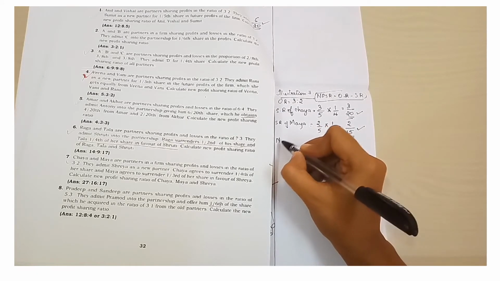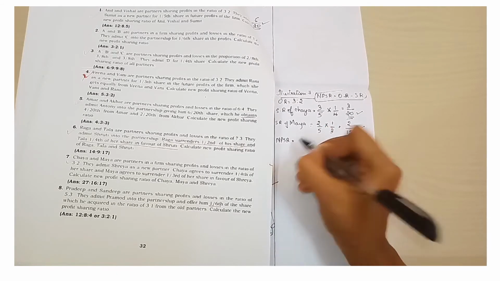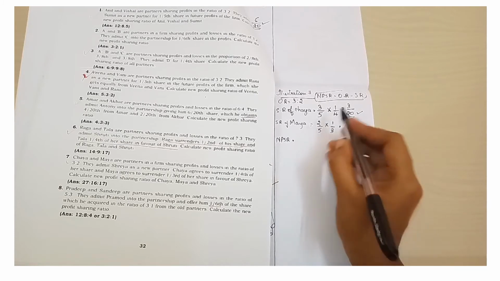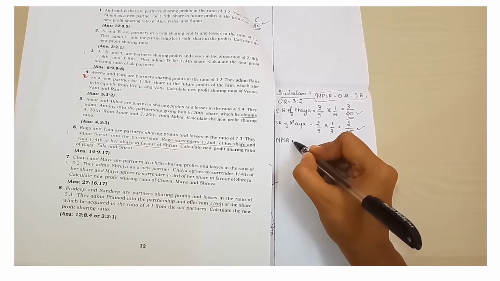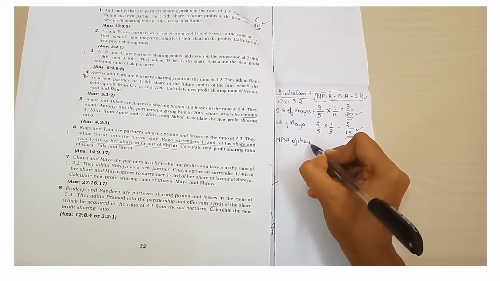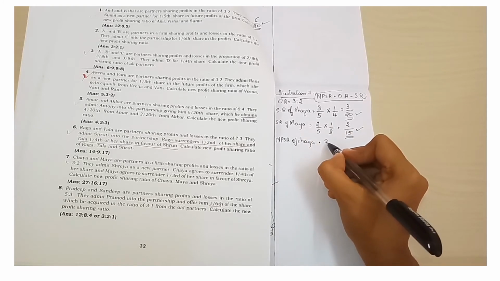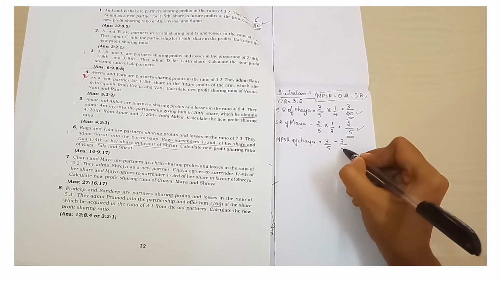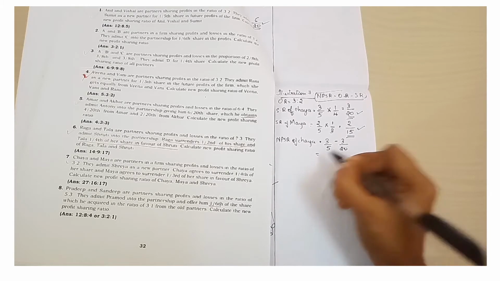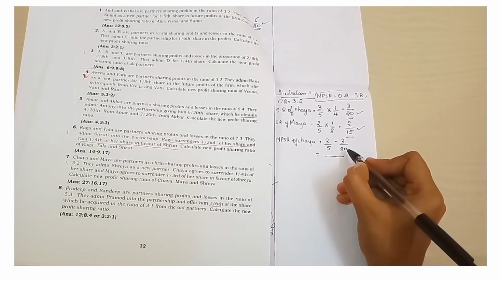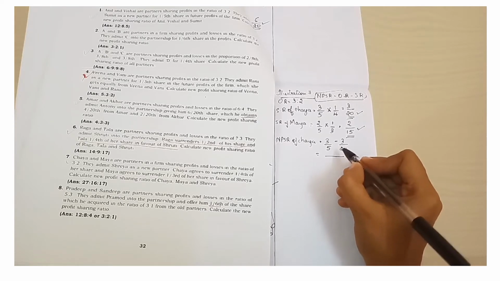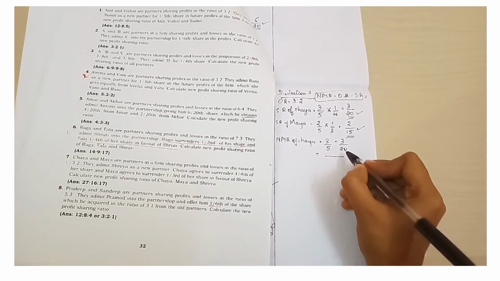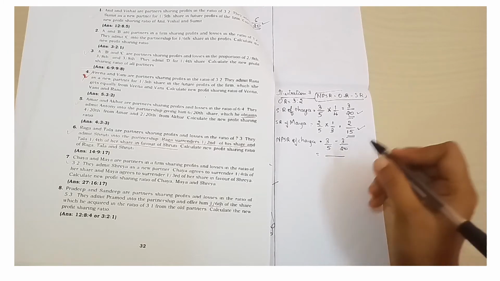Now you can calculate the NPSR with the formula. So NPSR is equal to old ratio minus sacrifice ratio. NPSR of Chaya is equal to old ratio, you know it, 3 divided by 5 minus sacrifice ratio 3 divided by 20. Now how to solve this fraction? Take the bigger number and also see whether it is divisible by 5. 20 is the bigger number and it is divisible by 5.